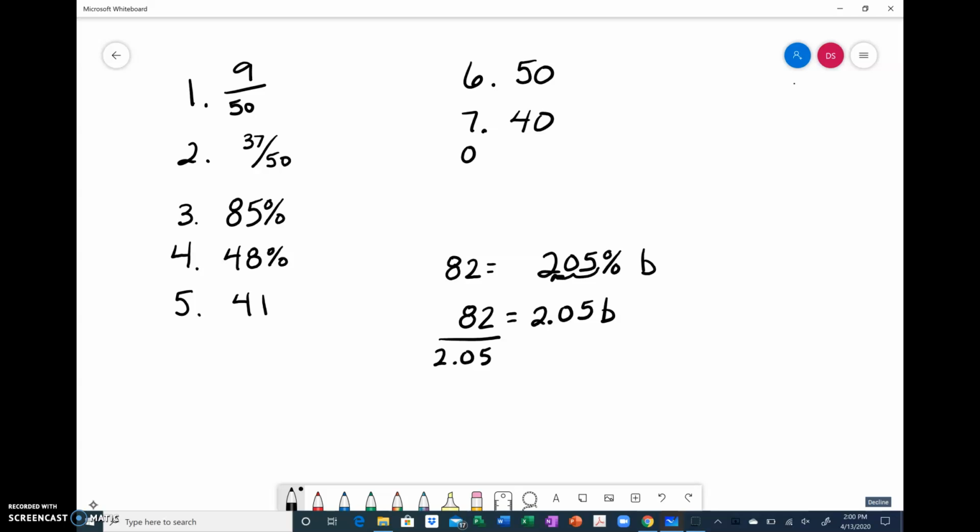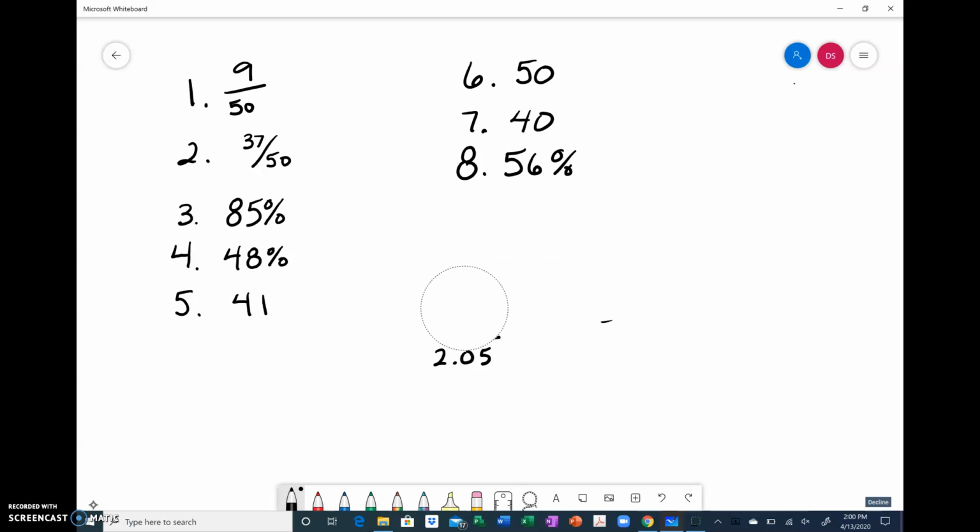Number 8 is 56%. And then the last one is a word problem. Number 9, it says, well, I'll let you read the question, but the answer you should get, how many votes did Joshua receive? 18 votes.